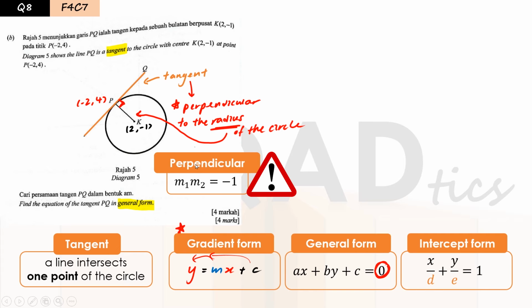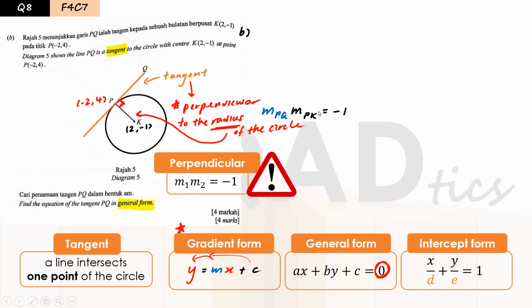So if let's say m1 here is the gradient of the tangent, and if we can find the gradient of line PK here, we can use this formula to help us find the gradient of line PQ.